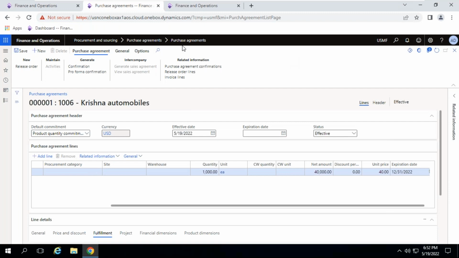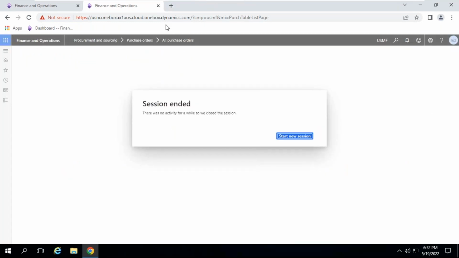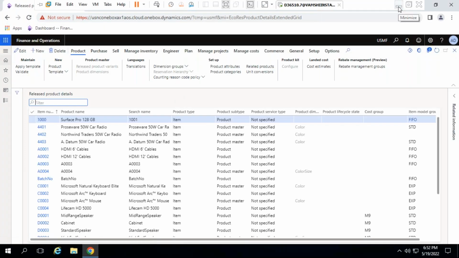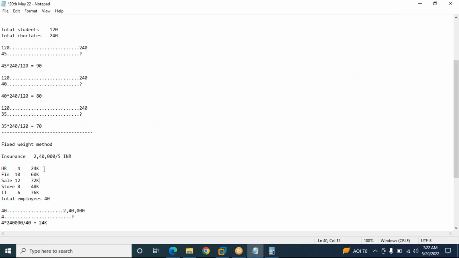So in the system, let us see. If you are confused about the calculation, I'll make it 2 lakhs. Then 2 lakhs means 40, it is 5,000.